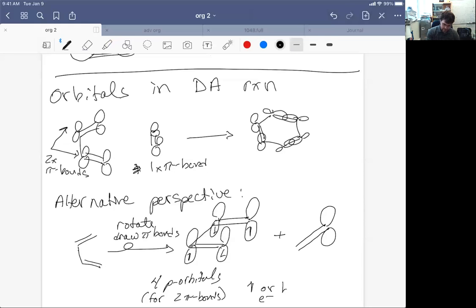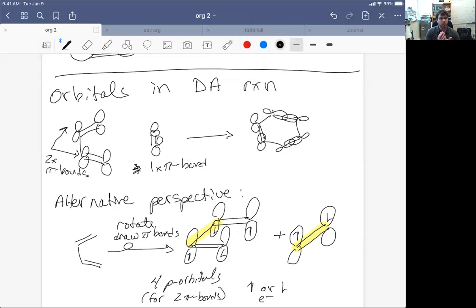If you notice, I've tried to draw this such that my dienophile is parallel to the back bond. So this is also taking the alkene, the dienophile, and instead of drawing it flat, I'm drawing it like this, so that I can see both of the p orbitals that form the pi bond of my dienophile.